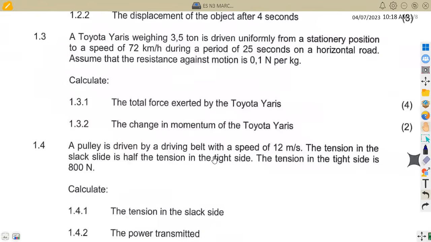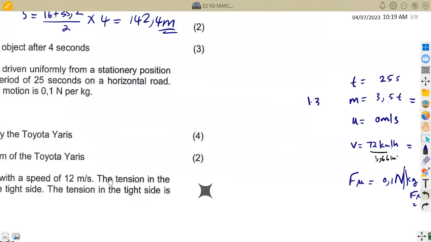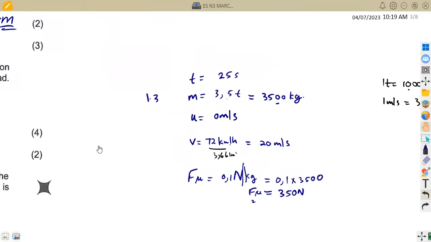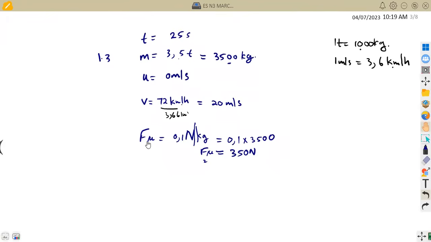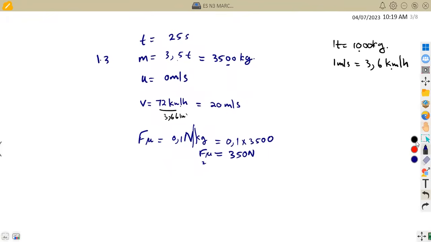What is the force? From this information, we are given that it is moving on a horizontal ground, which means the only force that is affecting is the frictional force of 350 Newton. So the total force in this case, that is 1.1, if we subtract the frictional force from the total force, we are going to have the accelerating force.